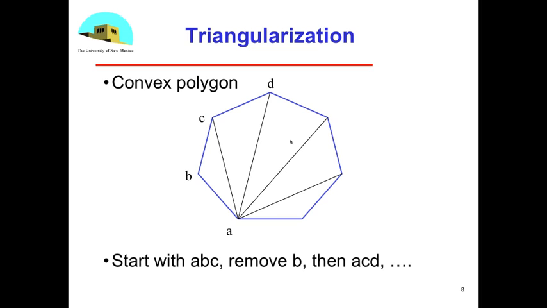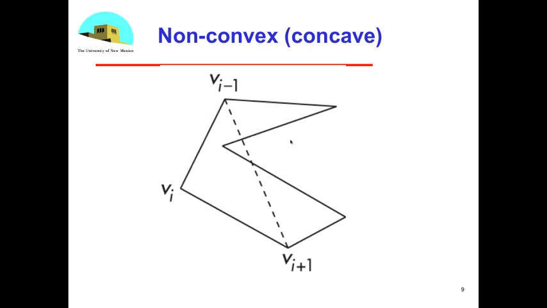So here's a non-convex or concave polygon, and here's a nice simple algorithm for doing it, maybe our first real algorithm of the class. And here's some intermediate stage. Suppose I start with this vertex V_i, and I look at the vertex before it, so I'm circling it in a counterclockwise direction, which we'll see is usually what we want to do.